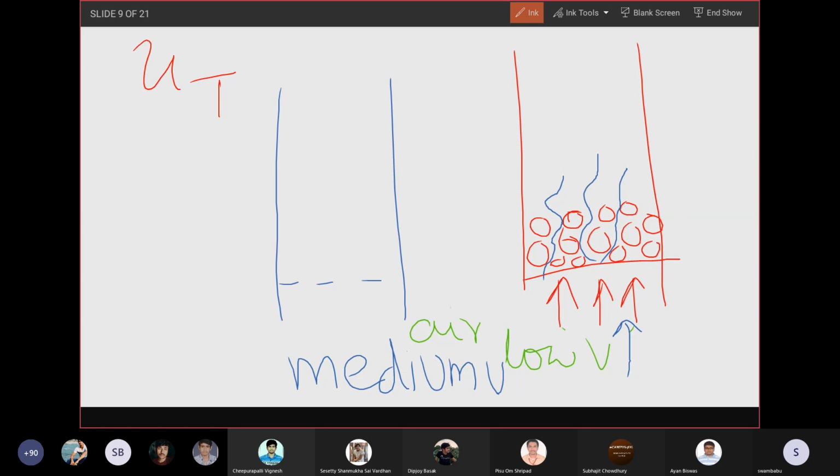At that time, we'll see that the particles tend to move slowly. The particles tend to lift, just suspended in the air, and they are rotating wherever they are. This condition is called minimum fluidization.